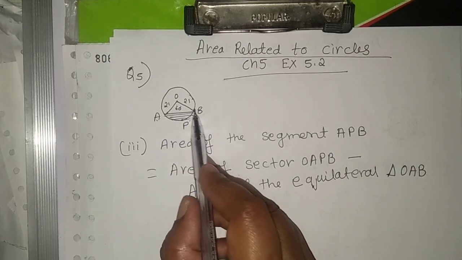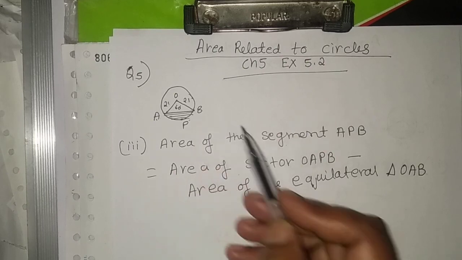This minus this, what do we get? Area of the segment APB.